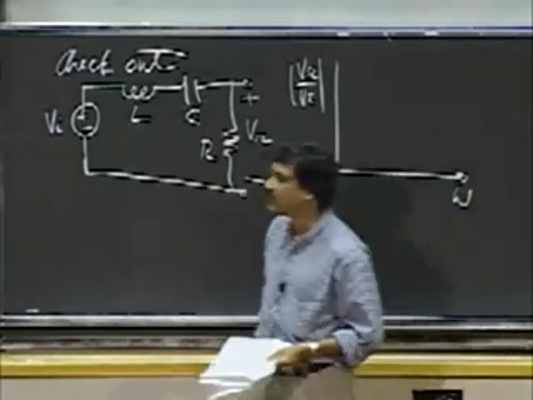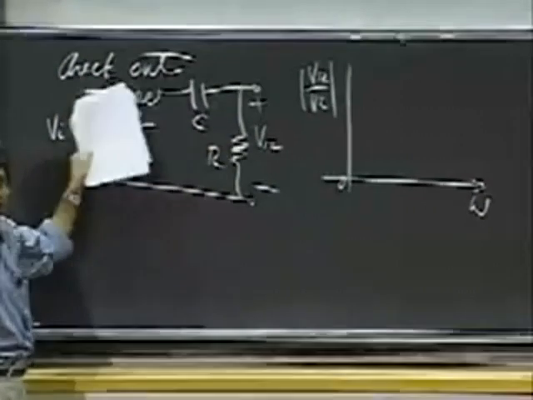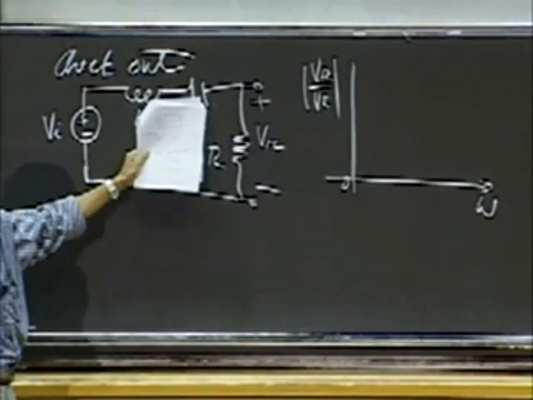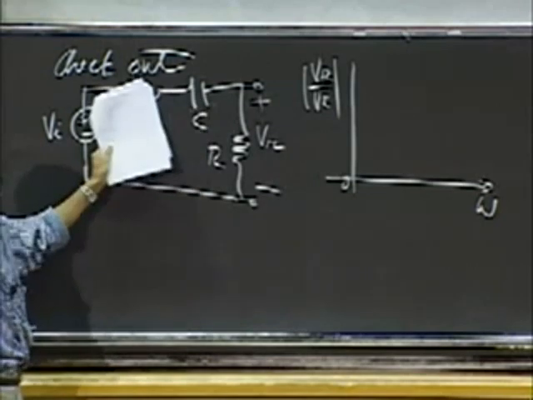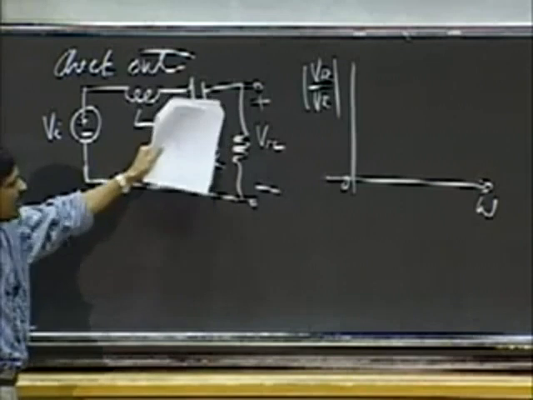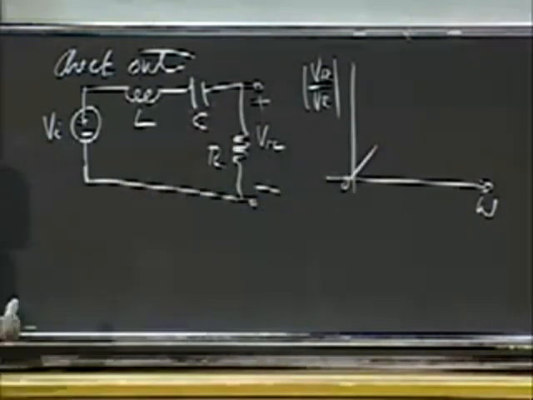At incredibly low frequencies, the inductor looks like a short circuit, but the capacitor looks like an open circuit. An open circuit in series with a short circuit ends up looking like an open circuit. And so all my voltage falls across VR.